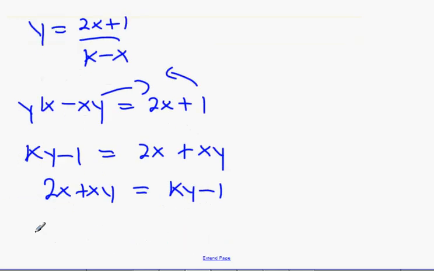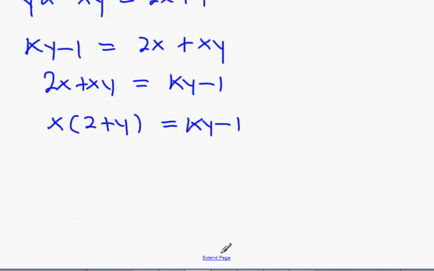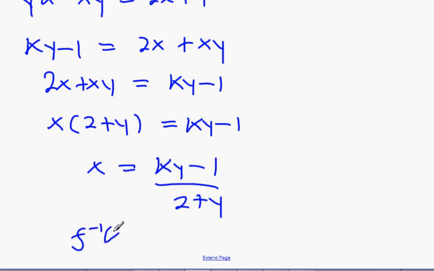Factorize out x, and what we should get is x times (2 plus y) equals ky minus 1. Okay, x equals (ky minus 1) all over (2 plus y). Replace x with f inverse x and replace y with x, and here is our function.